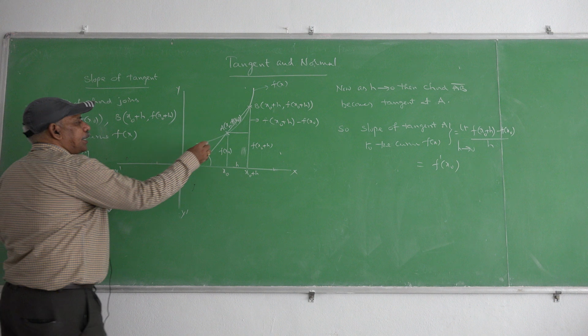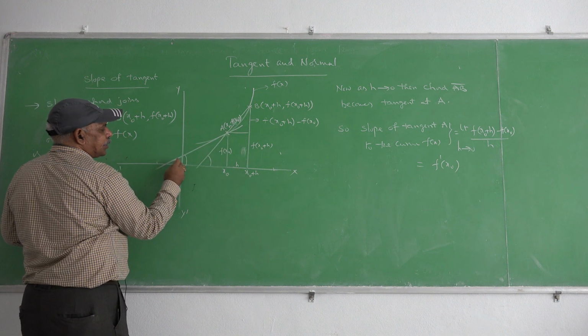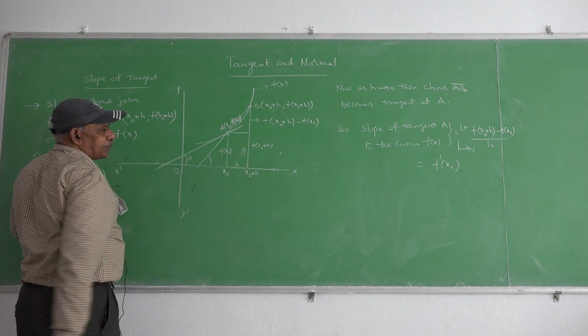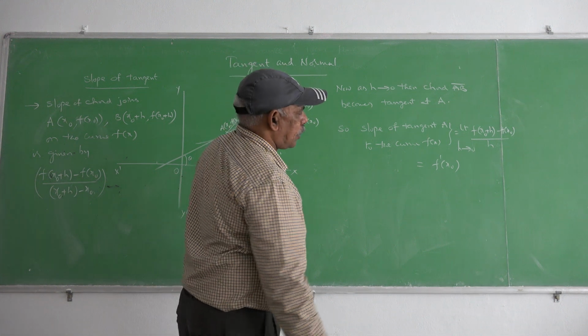So, if this tangent is making theta angle with the positive direction of x axis, then tan theta is given by f dash of x naught.